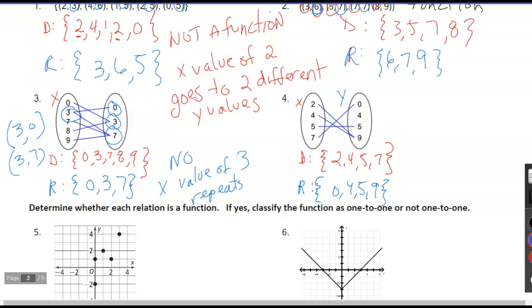We check here. My x value never repeats. We only got one line coming off of it. Okay, so yes, function. x does not repeat.